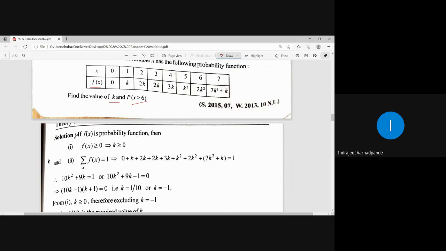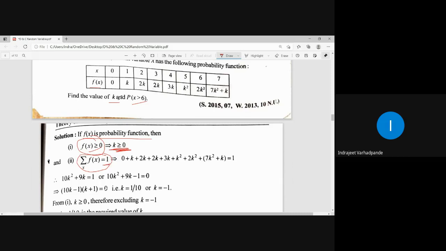So accordingly, here also f of x is the probability function, then f of x should be greater than or equal to 0. Every f of x contains k, so k should be greater than or equal to 0. Secondly, summation of all f of x over x should be equal to 1.